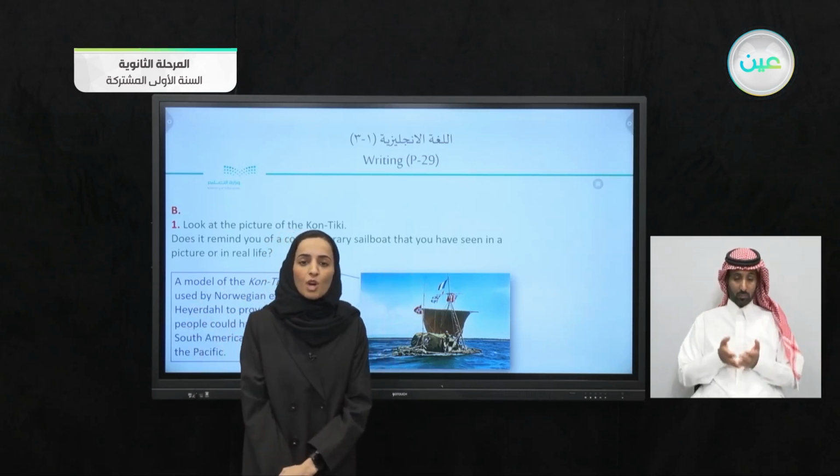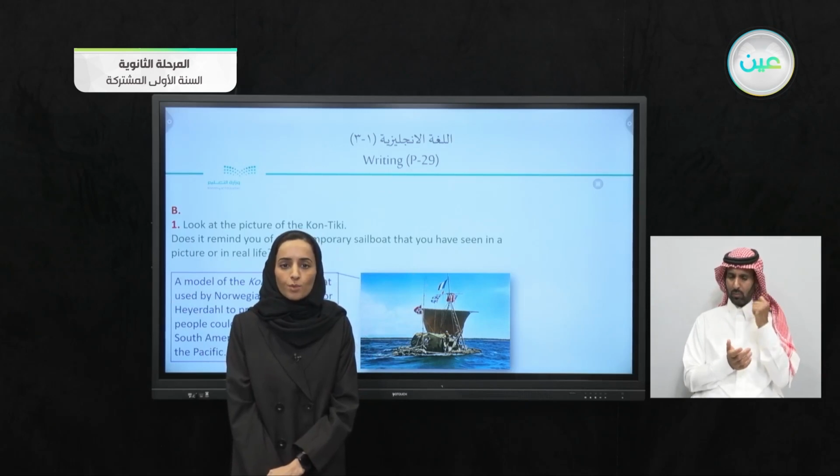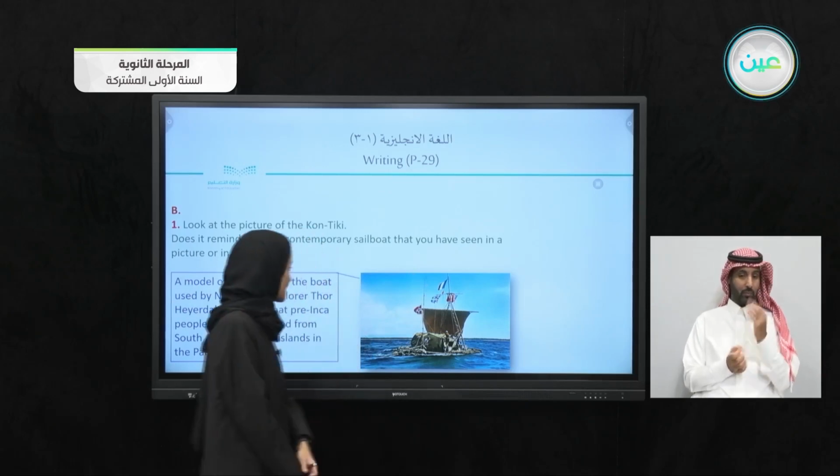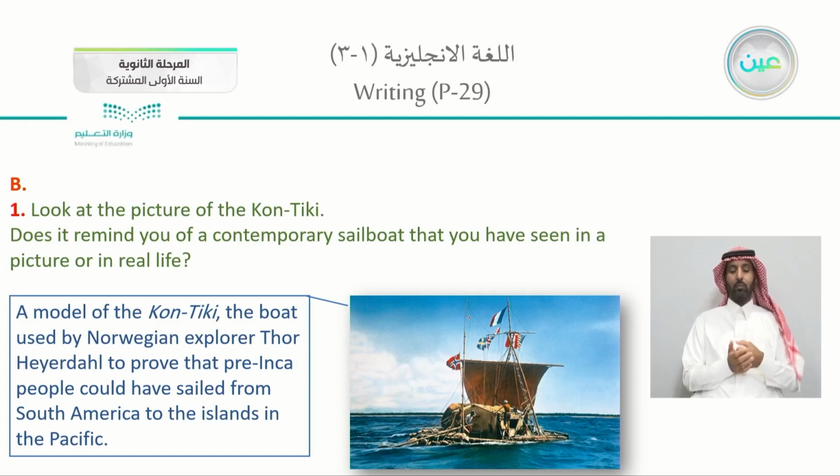We have already summarized it for you. Who did it? Its name is Kon-Tiki. What is it? It's a boat. Who used it? The Norwegian explorer Thor. And why? He wanted to prove that the Inca people could have sailed from South America to the islands in the Pacific.